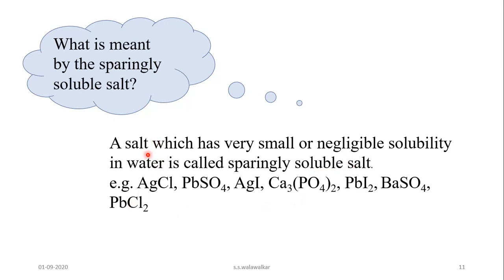Now, which salts are sparingly soluble? AgCl, lead sulfate, AgI, calcium phosphate, then lead iodide, barium sulfate, then lead chloride. All these are sparingly soluble salts.